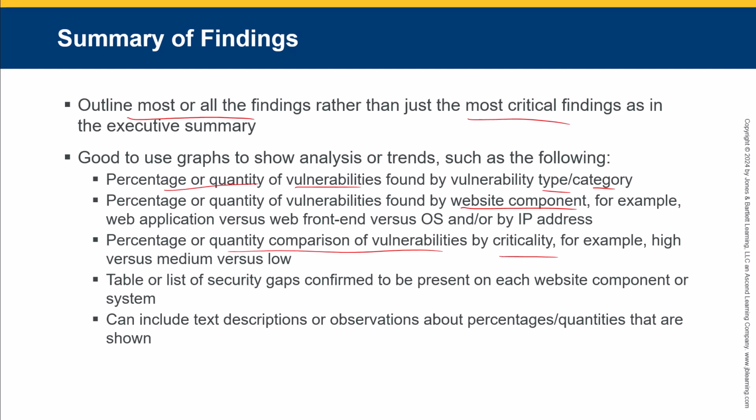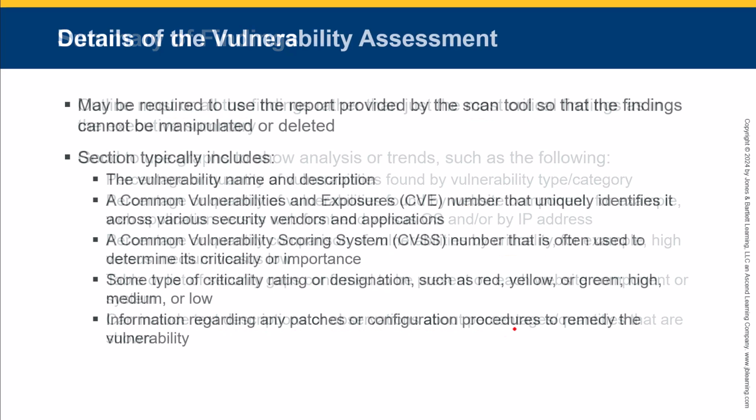Because you might look at it and say, oh, we have 1,000 vulnerabilities, we need to fix this. But if only 2 of them are critical, then that number is less important. You need to have a table or list of gaps that are confirmed. Text descriptions or observations about the quantities should also be shown.